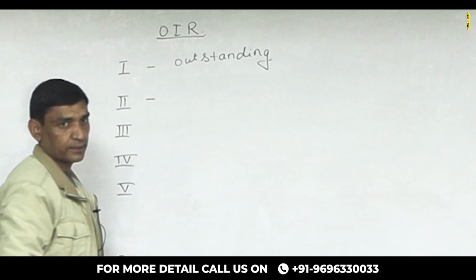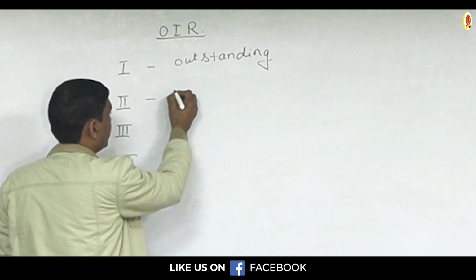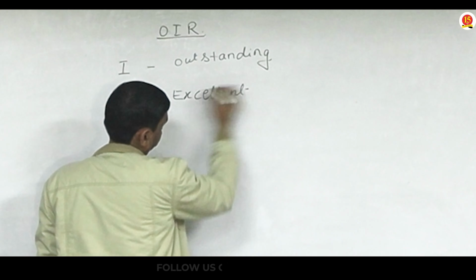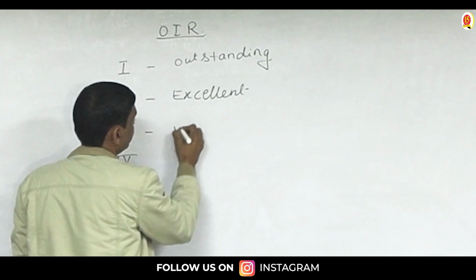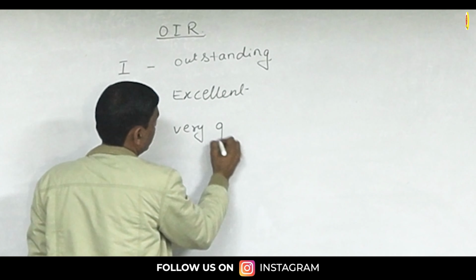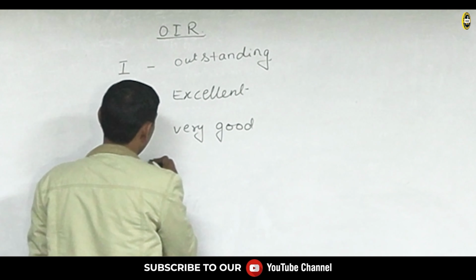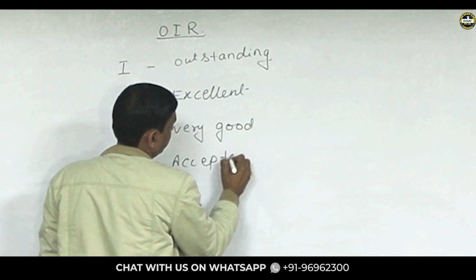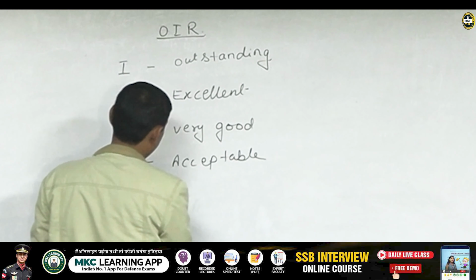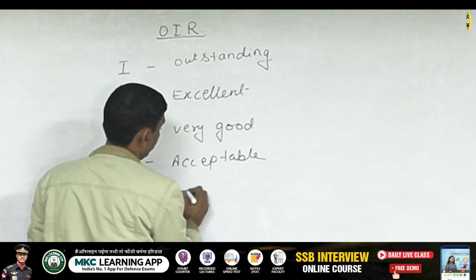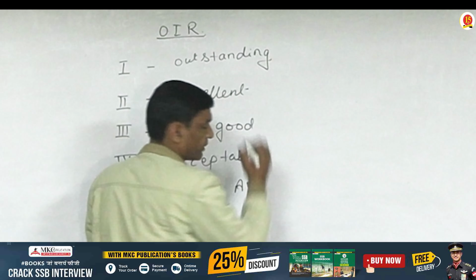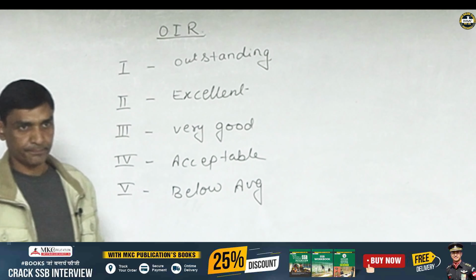OIR 2 means excellent performance. OIR 3 is a very good level of performance. OIR 4 is an acceptable level of performance, and OIR 5 is below average performance of any youngster.